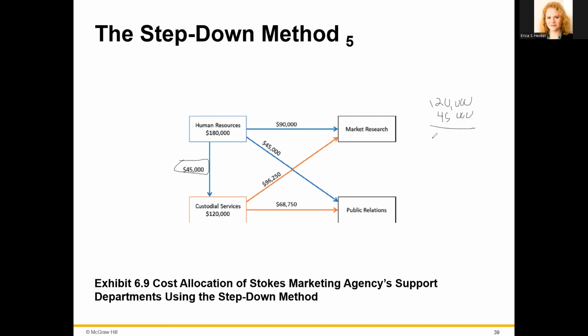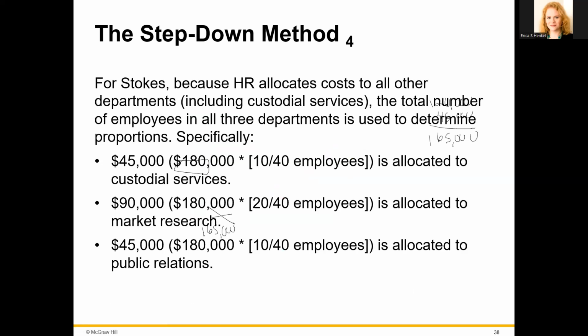So that actually gets us to 165,000 that is sitting in here. So we're going to cross that out and put 165,000.